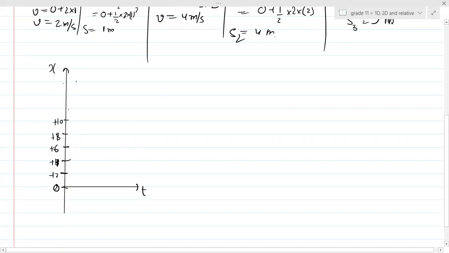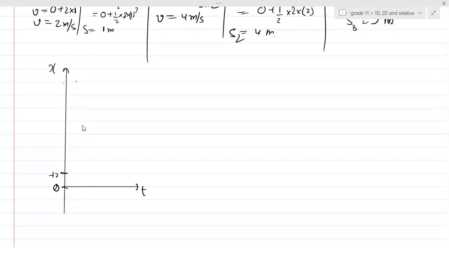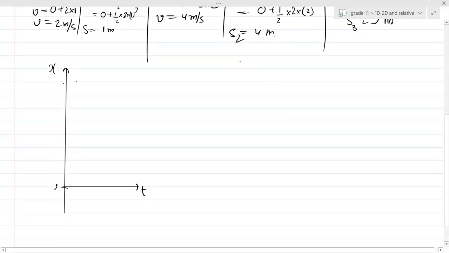10. Or in spite of doing that, we'll make the graph a little bit longer.